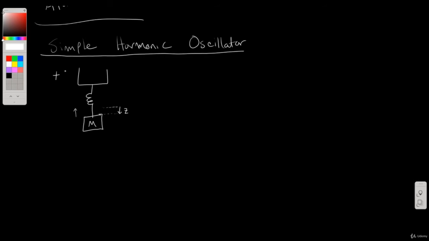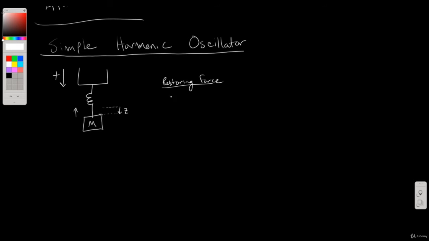To be clear, I'm defining the positive direction as down. If I apply a force downward, the equal and opposite force pushing against my hand is due to the tension in the spring. It's called the restoring force.